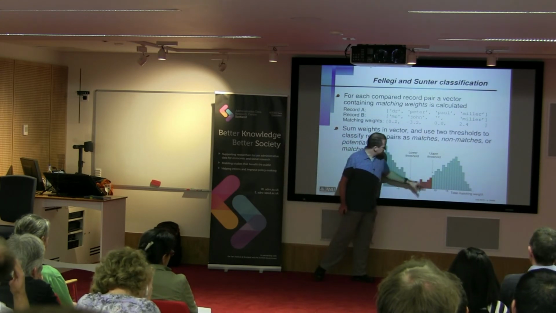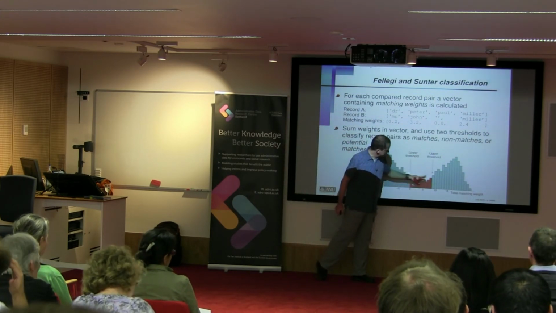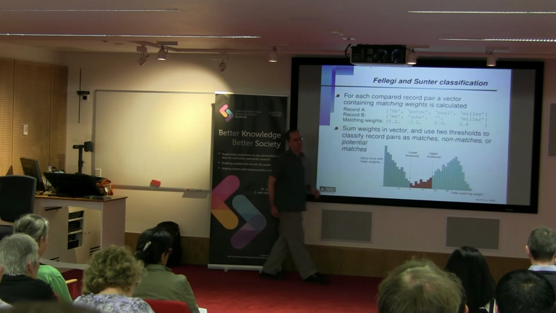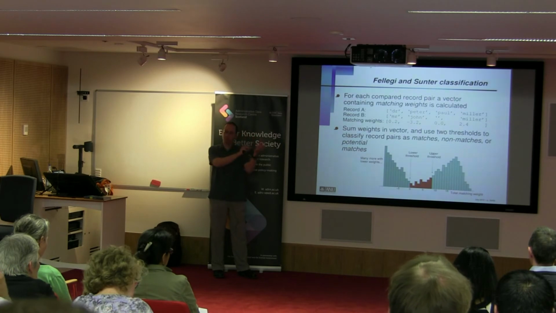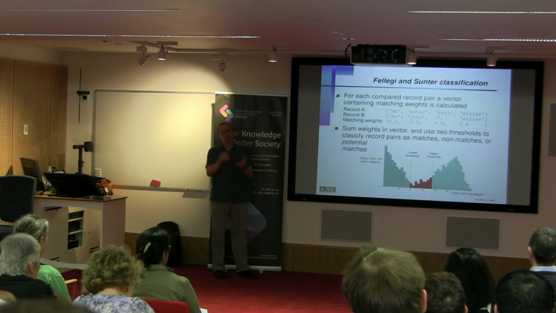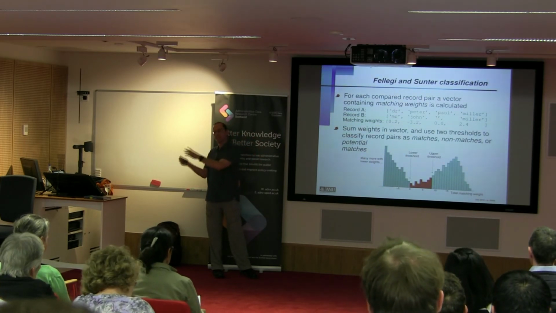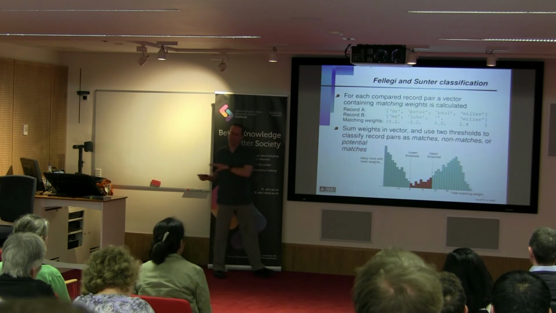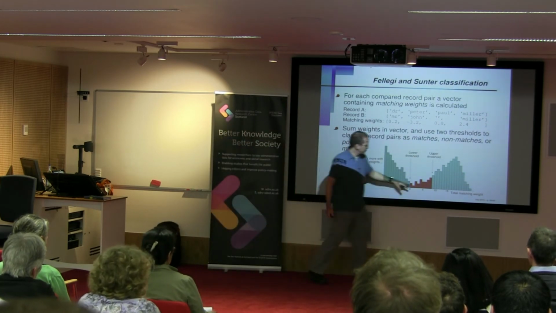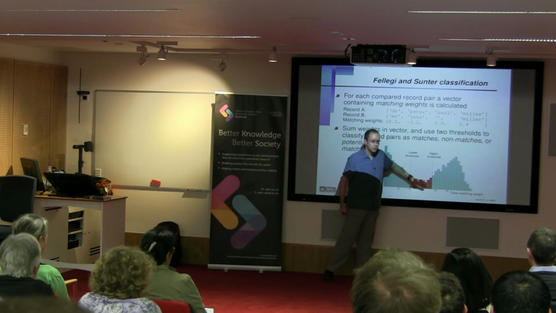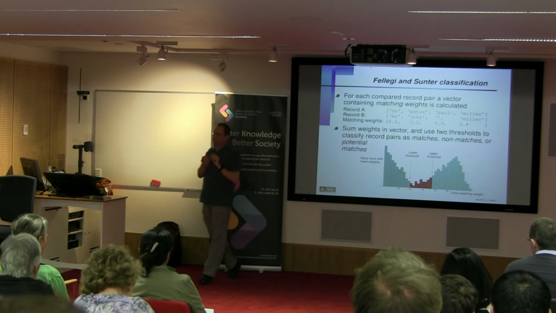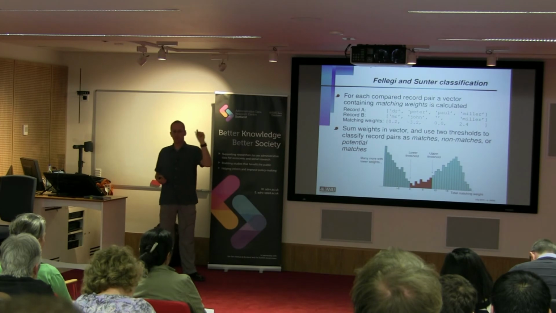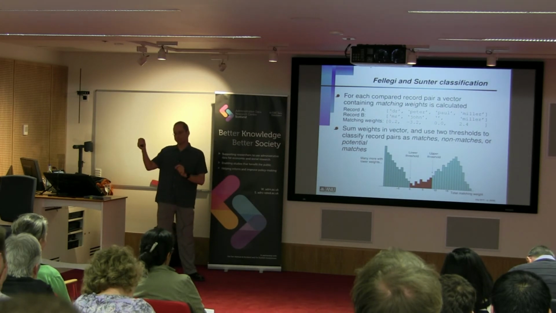In between, and we have these two thresholds, we have the potential matches, where we're not sure. We might have the same name that gives us positive weights, a different date of birth gives us negative weights, a different address gives us negative weights. So we have this area where we're not sure, and these are the record pairs which are given to a manual clerical review, where somebody manually looks at them and decides that's a match or that's a non-match.